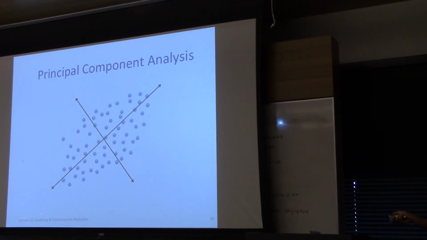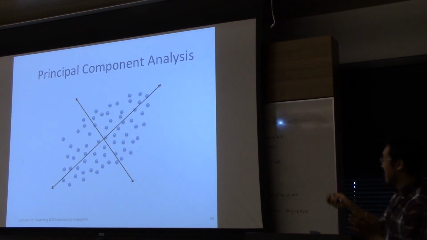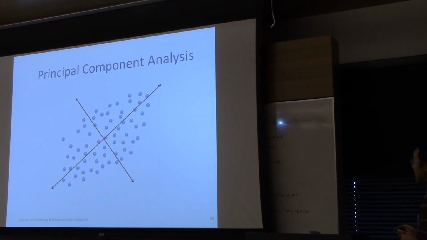This dimension of the raw data is semantically meaningful, and this is the other semantically meaningful dimension, but this is the dominant one. This is the direction of maximum correlation. And that is what principal component analysis seeks to find.